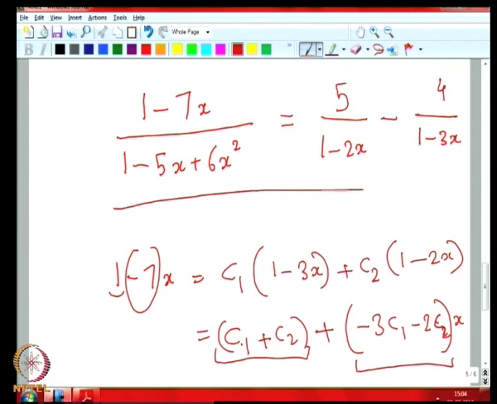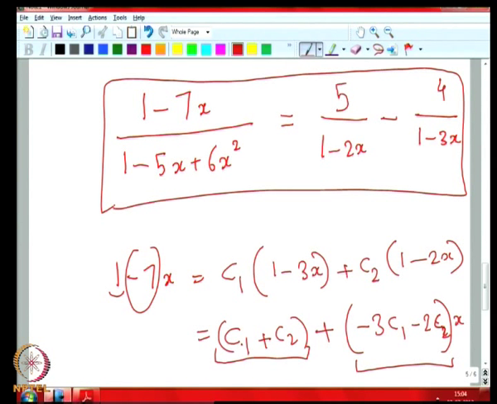This will be the partial fraction. So by using the method of partial fractions, we can say that 1 minus 7x by 1 minus 5x plus 6x square is equal to 5 by 1 minus 2x minus 4 by 1 minus 3x.